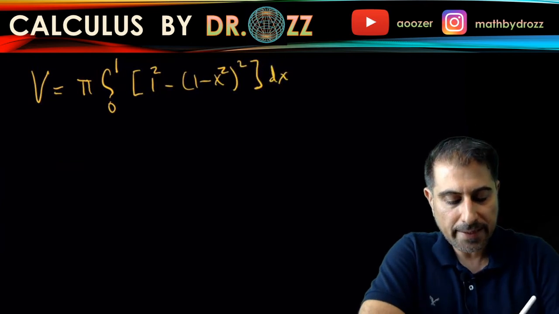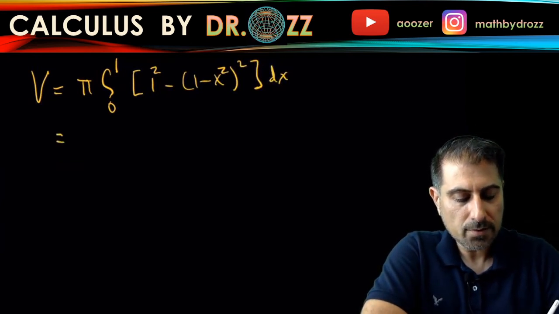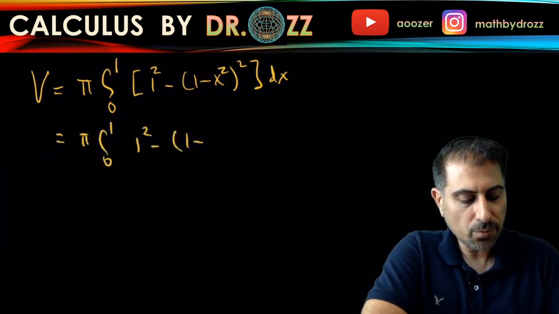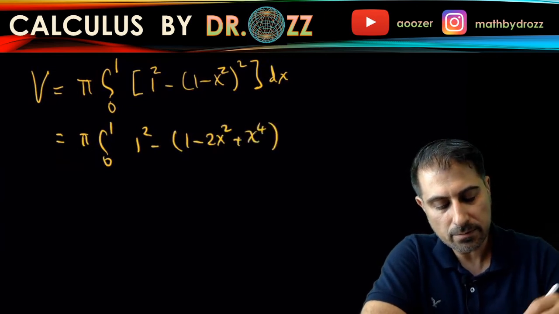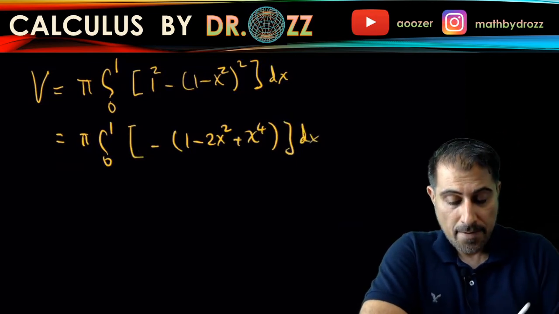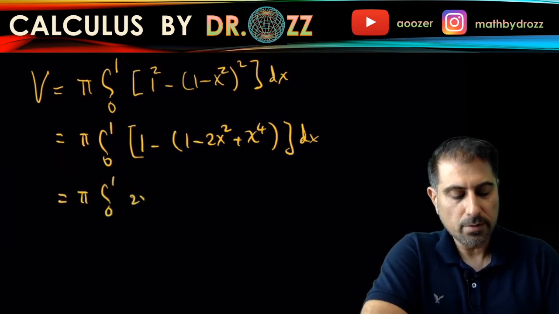Let's expand everything out: 1 minus 2x squared plus x to the 4th, dx. And this is already 1, by the way. So the 1's cancel, and you have 2x squared minus x to the 4th left.